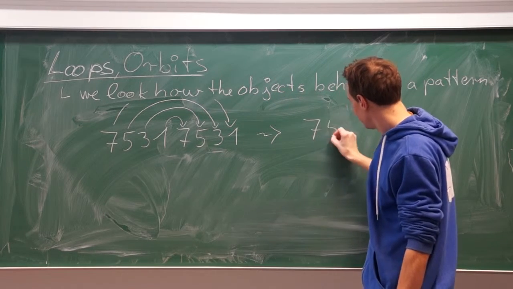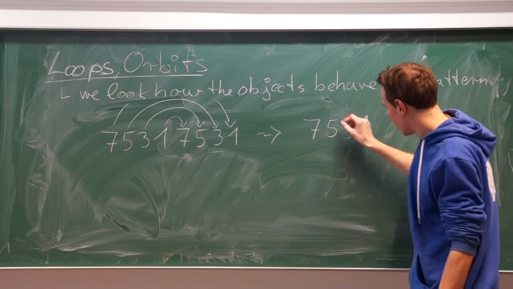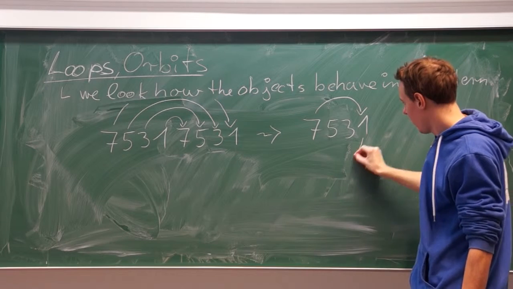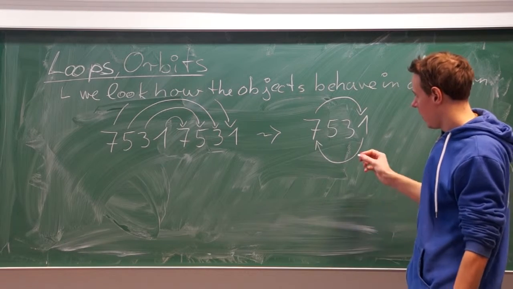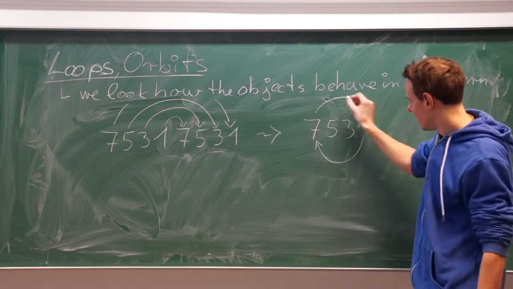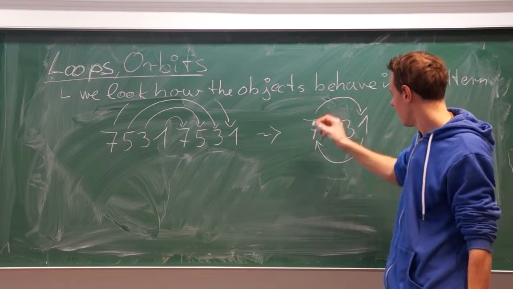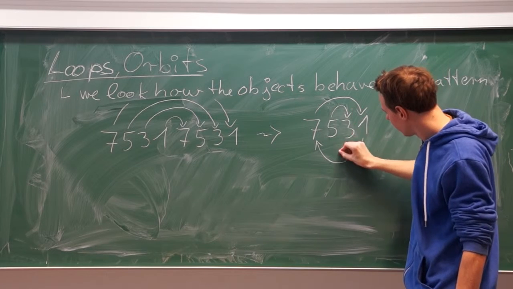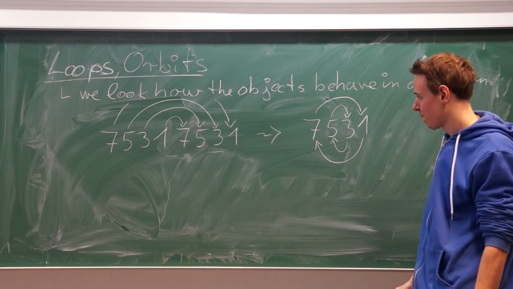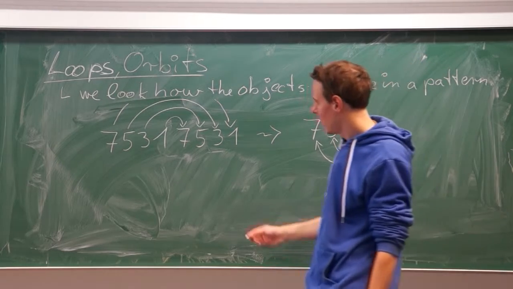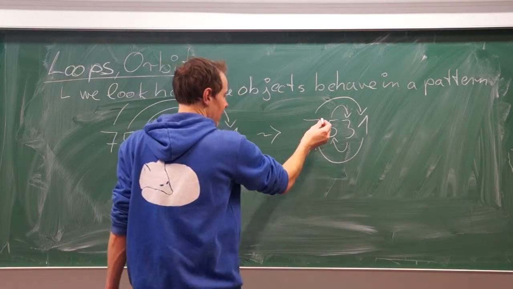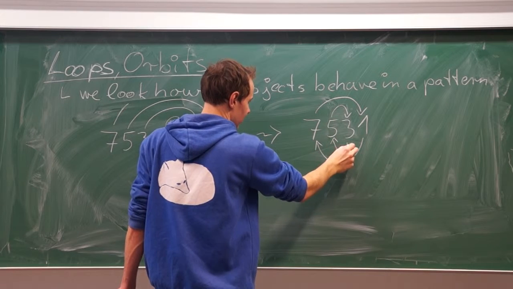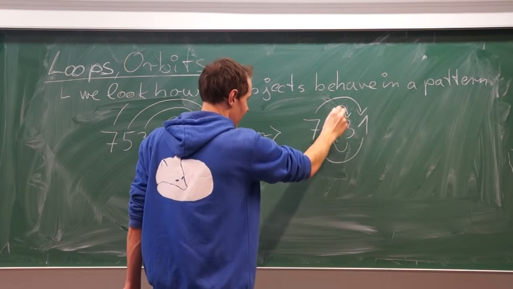And I could write it in this way: the 7 becomes a 1, and the 1 becomes a 7, and then it continues in an enclosed circle. Then also the 5 becomes a 3, and the 3 becomes a 5. We see that this object here goes to be the 3, and the 3 is going to be the next 5.